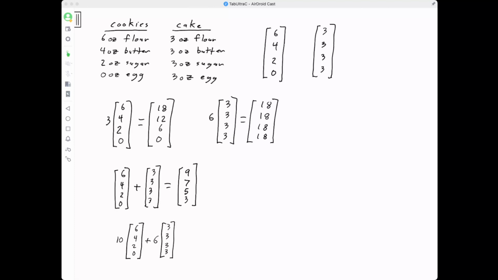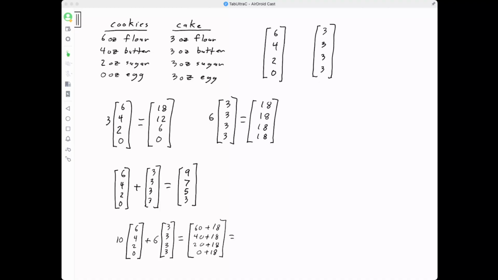So if I put that together, I would get 10 times 6 is 60, plus 6 times 3 is 18. 10 times 4 is 40, plus 6 times 3 is 18. 10 times 2 is 20, plus 6 times 3 is 18. 10 times 0 is 0, plus 6 times 3 is 18.